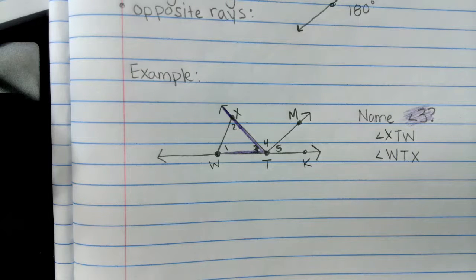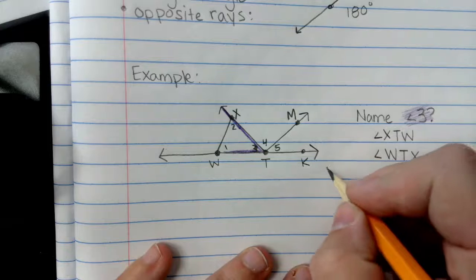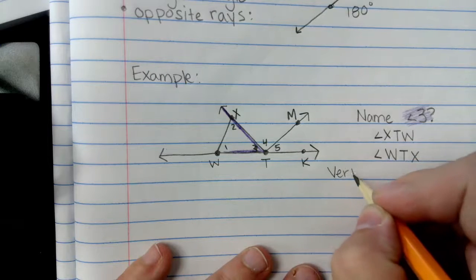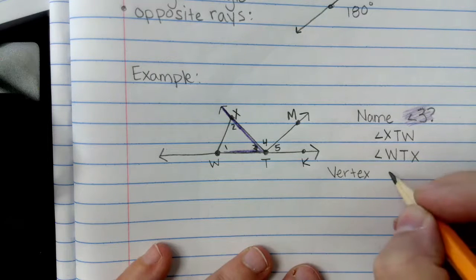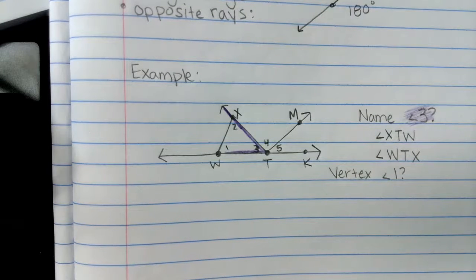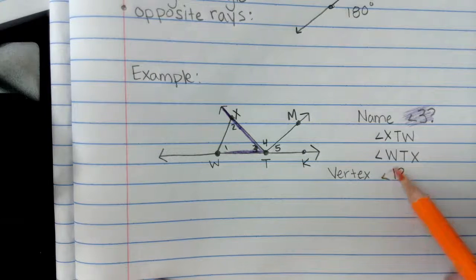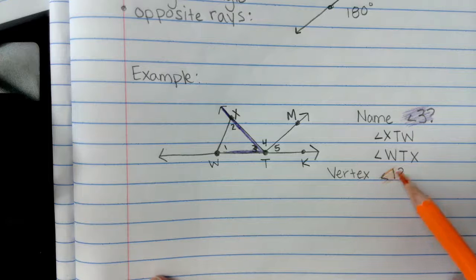All right. What is the vertex of angle 1? That's the question. What is the vertex of angle 1? So I'm gonna switch colors to orange. It's just really important.